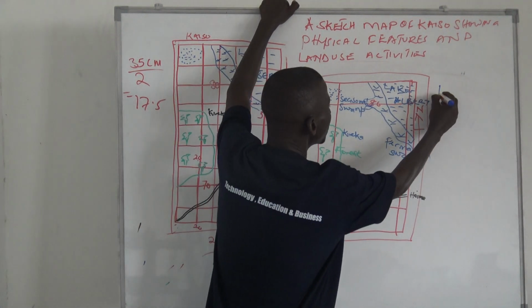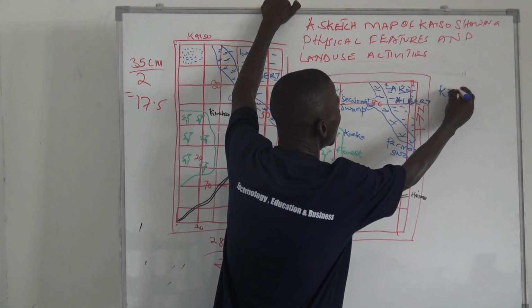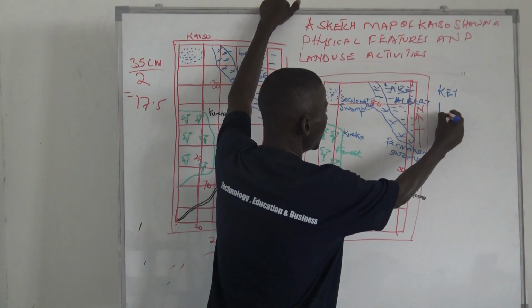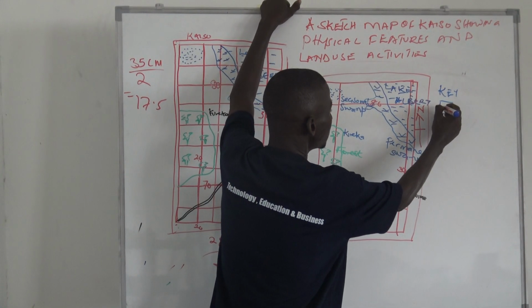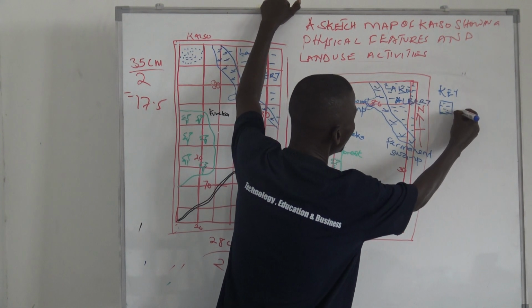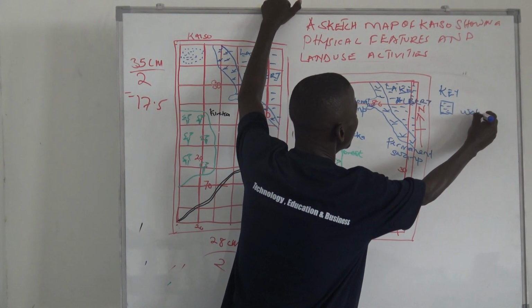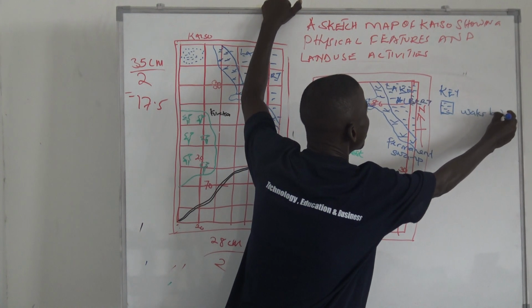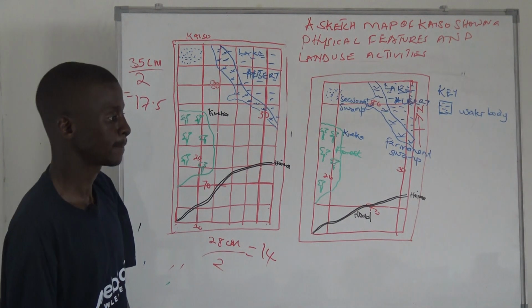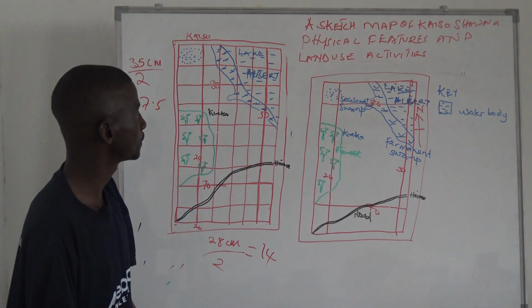After that, draw a key. Tell us that this shading is representing a water body.